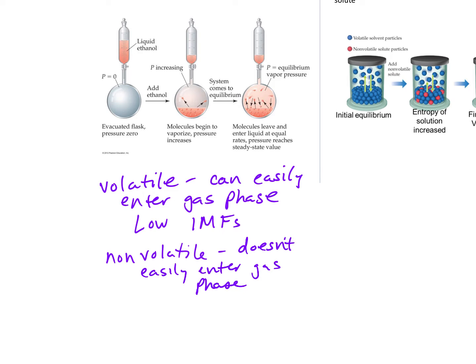So what this easily is referring to is typically at room temperature. So solids, for instance, don't typically enter the gas phase very easily, and we would expect them to have high intermolecular forces. Okay, so all that intermolecular forces stuff we went over is playing another role here.